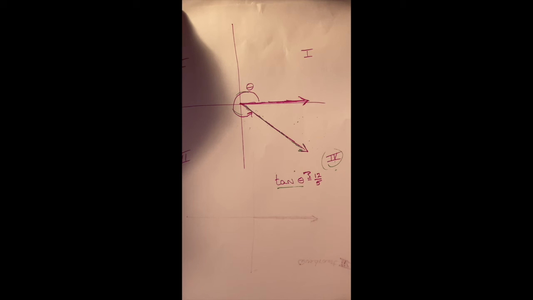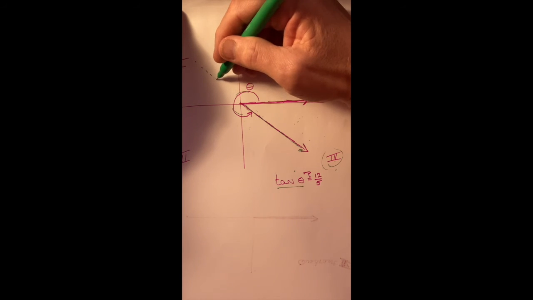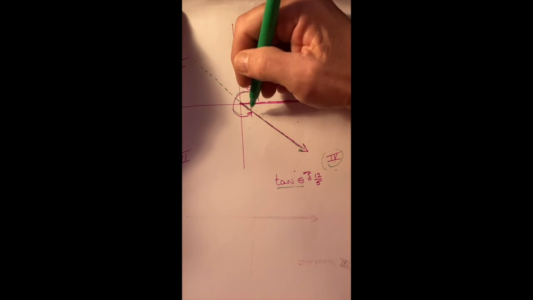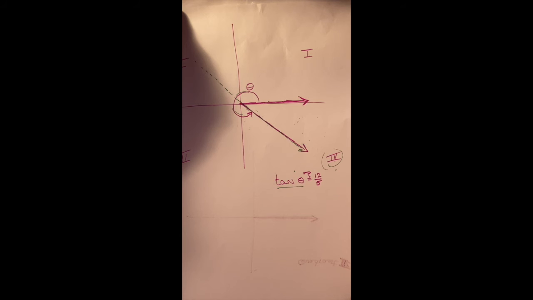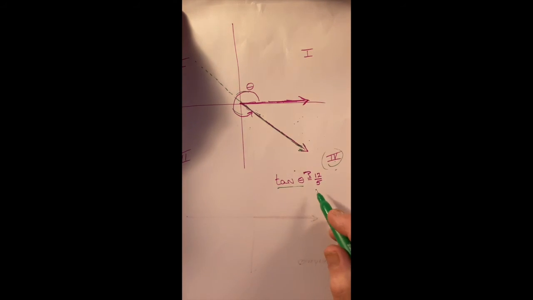Tangent is slope, and slope is tangent. And that's really important to remember. Tangent is slope. And so if we look at this line right here, that starts here, continues down here, the slope of that line is negative. It can't be positive. If the terminal side is going through the 4th quadrant, the slope cannot be positive.